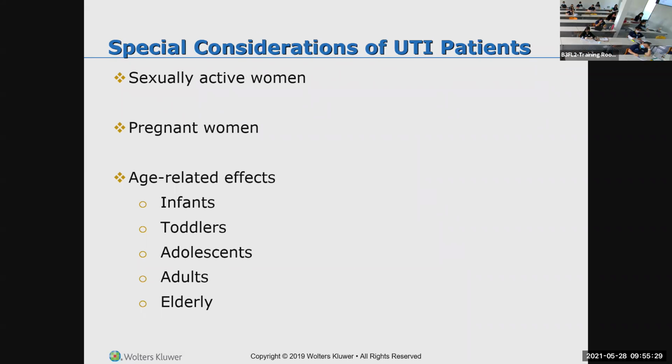We need to take a history of the patient, especially those who are sexually active female. They are prone to have UTI: single partner, multiple partners. Number two is pregnant woman. And the age of the patient is important also.